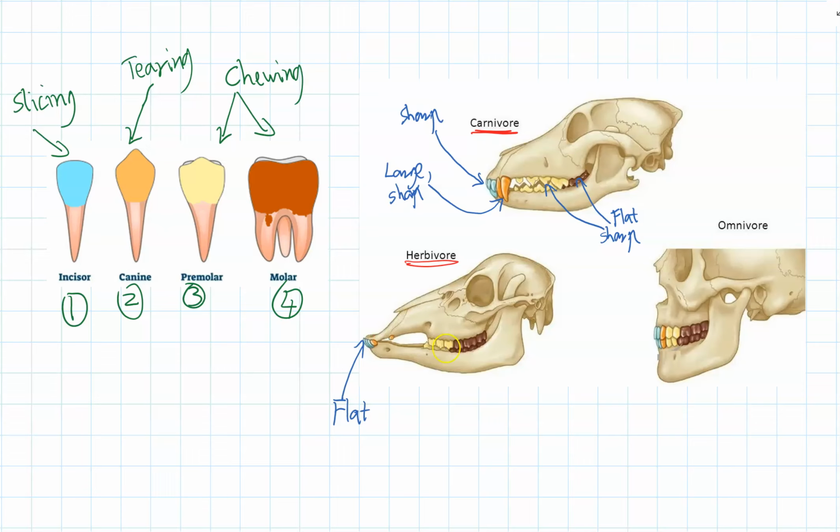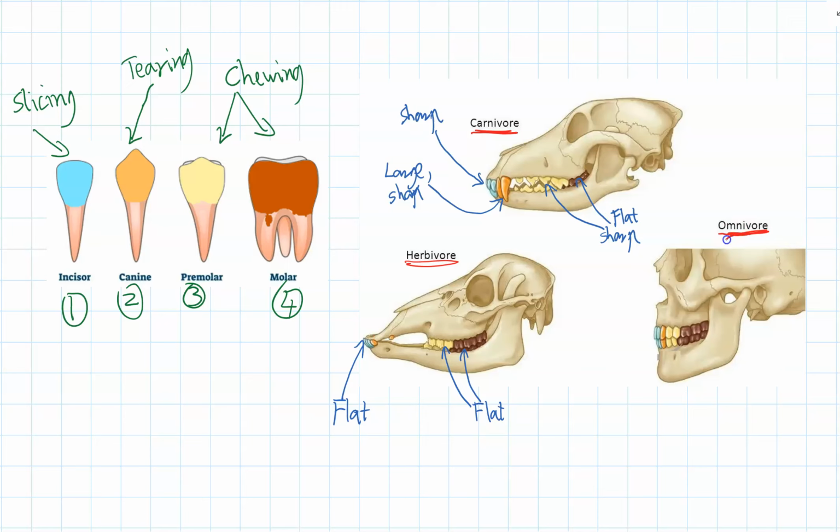And then they have 2 big rows here of flat premolars and molars, which again helps them to chew and to grind that plant material, because grass and leaves are really chewy, so they can grind it and break it down as much as they can. So herbivores' teeth suit their diet as well.